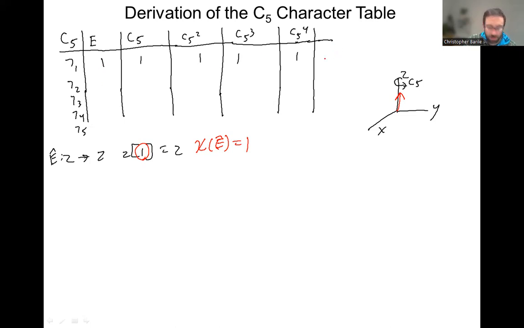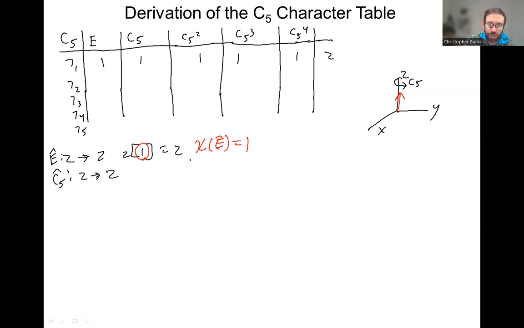It's going to turn out that z is going to transform as totally symmetric. We can walk through this with one more example, C5, but then I want to get to the 2-by-2 matrices, which are more interesting. C5 is also going to take the z vector to z, because you're spinning along the z-axis. So you're just rotating the head and the tail, but it's still pointing up.